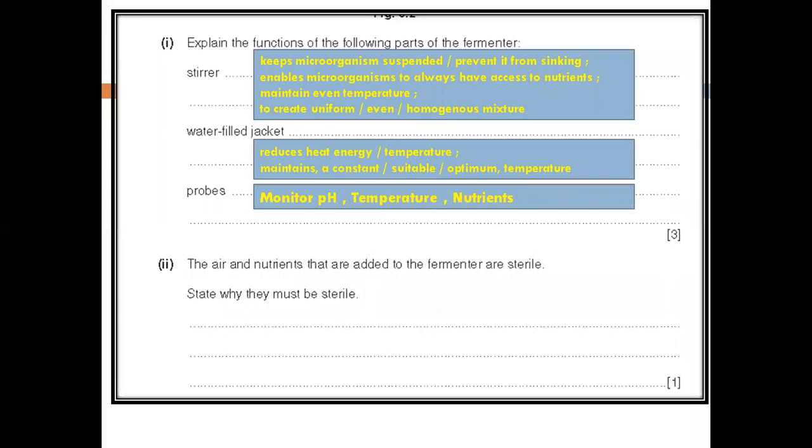Other organisms will start to grow, and that will disturb the whole system. So we have to sterilize it in order to prevent contamination.